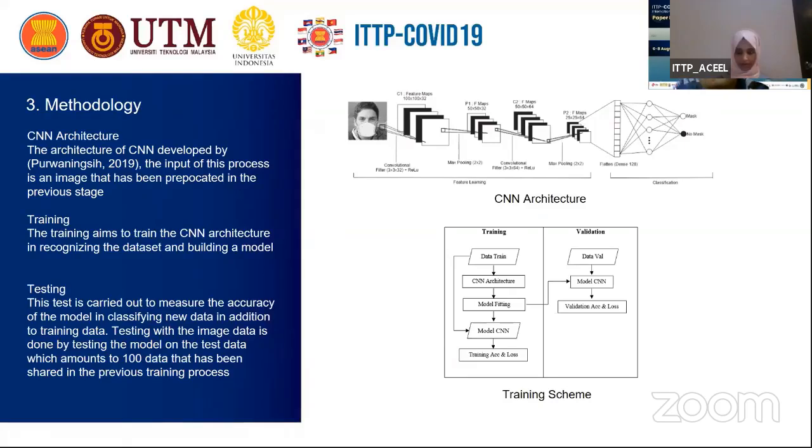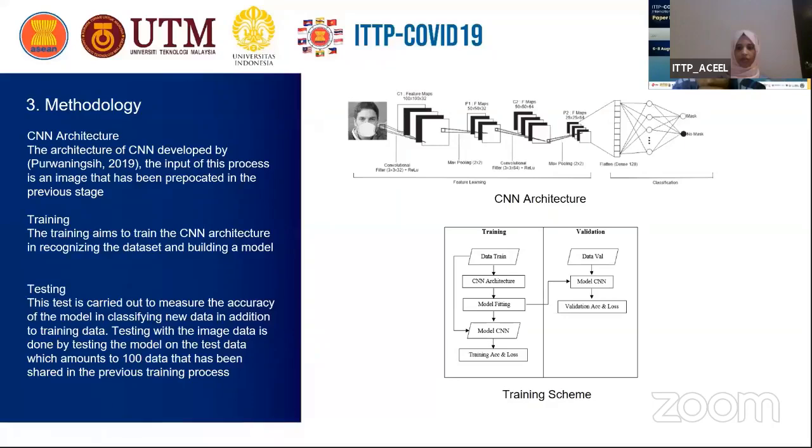In this picture, the training scheme. We have the training data and the CNN architecture, and then model fitting, and it produces the CNN model, and this is the training accuracy and loss. And then validation, the validation data, the CNN model, and the validation accuracy and loss.